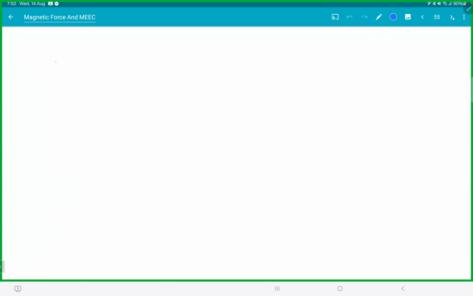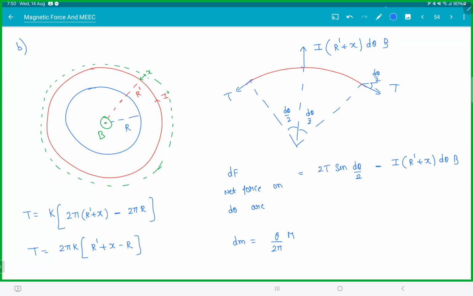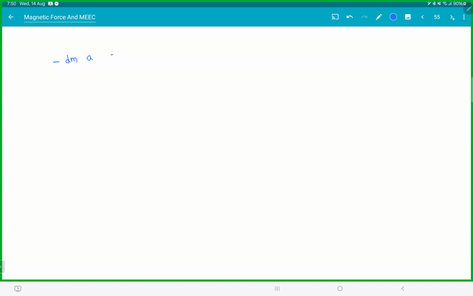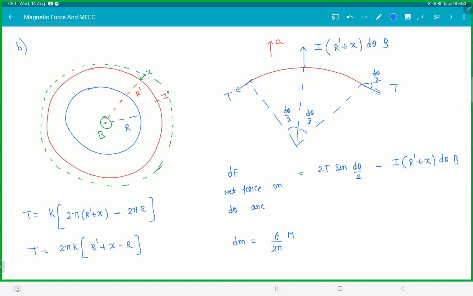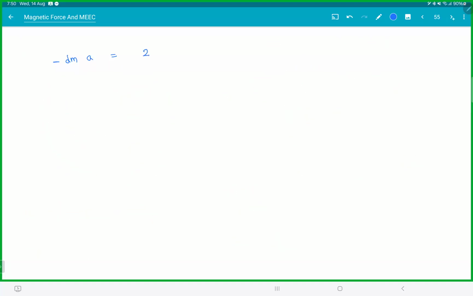So F net is equal to mass into acceleration. So minus dm into a, minus because we take acceleration outside, but the net force is inside. That is the meaning of a restoring force basically. Minus dm into a is the net force, which is 2T sine d theta by 2. I'll just write it down again, minus the magnetic force, which is I into r dash plus x into d theta into b. Perfect.